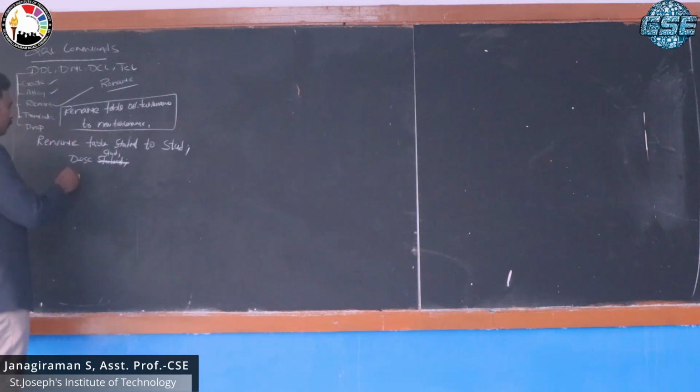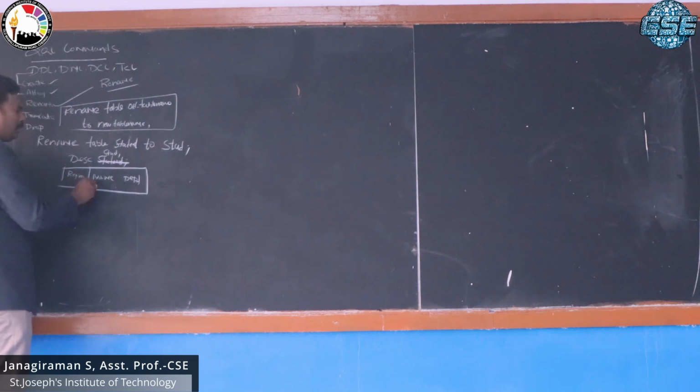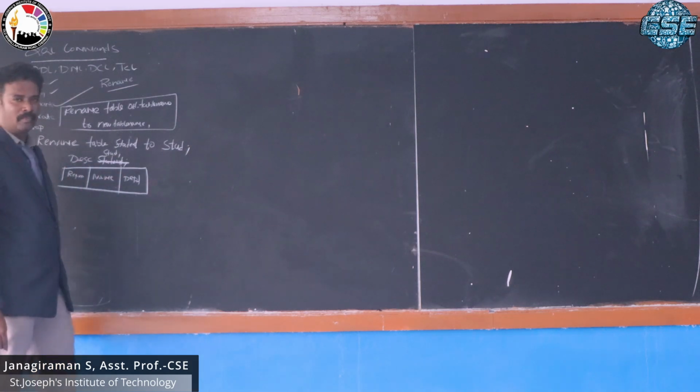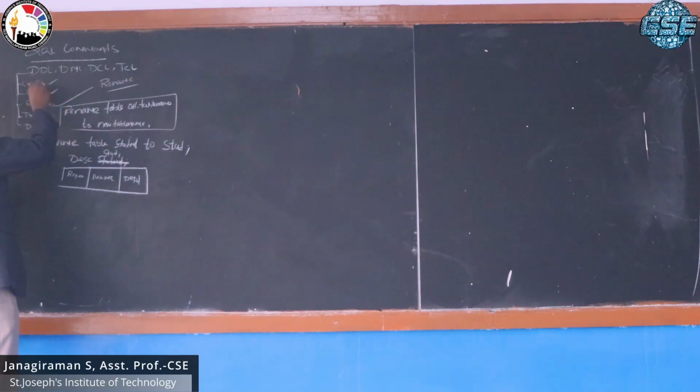If you give this command, it will display the table structure that we have created: register number, name, department. This structure will be displayed. Clear? So now you are familiar with create, alter and rename.